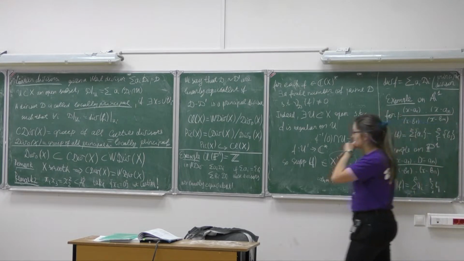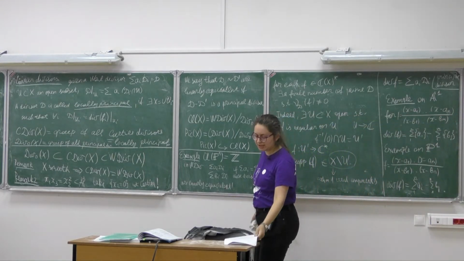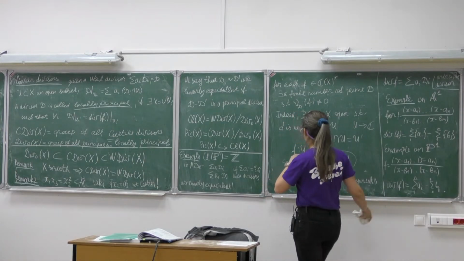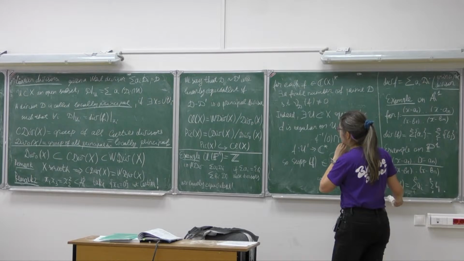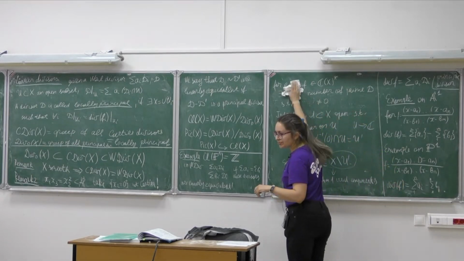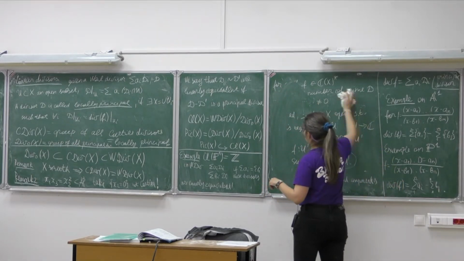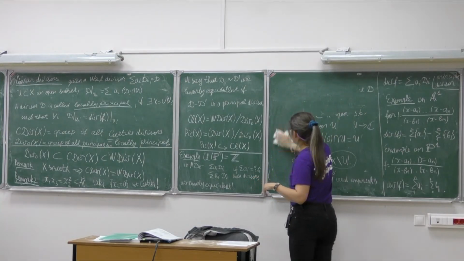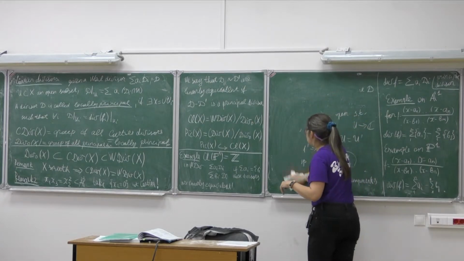I mean that I'm explaining that the class group of P1 is isomorphic to Z. Each divisor is a formal sum of points. I say that if the sum of coefficients is 0, it will be a principal divisor.